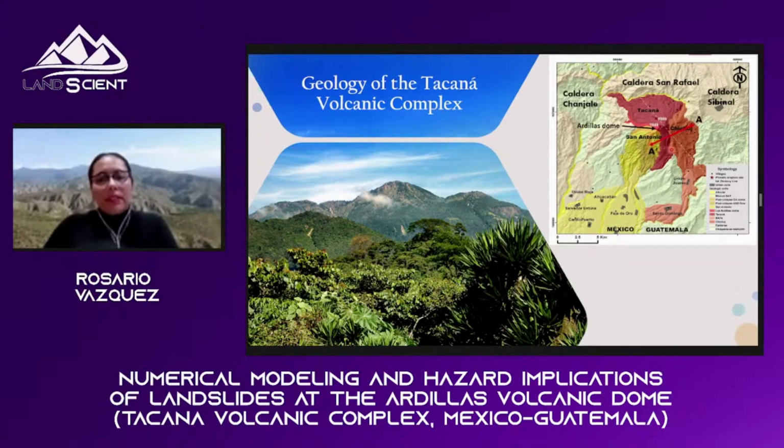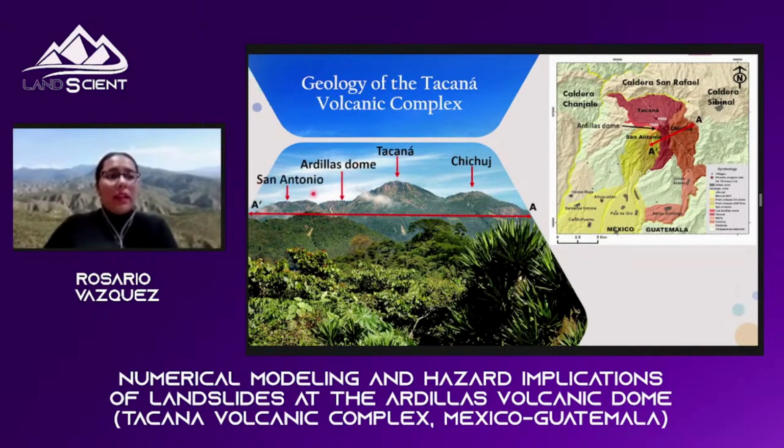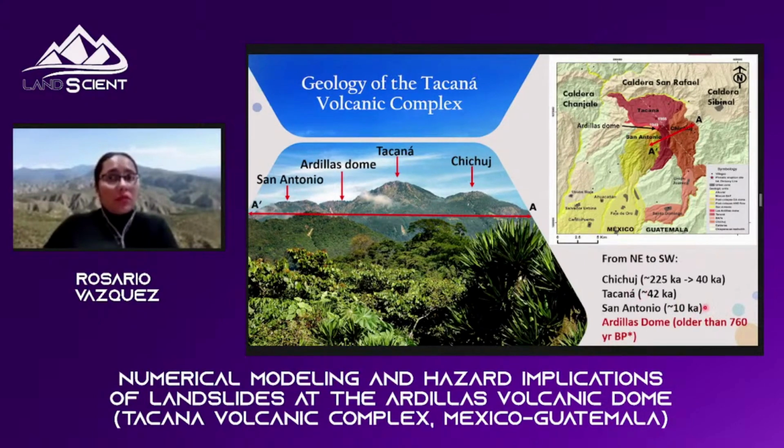Now, if we see this profile from northeast to southwest, and from the oldest to the youngest structure, we have the Chichu volcano, the Tacaná volcano, Ardillas Dome, and San Antonio volcano. And actually, San Antonio volcano is the youngest structure of the main complex, from the Holocene.